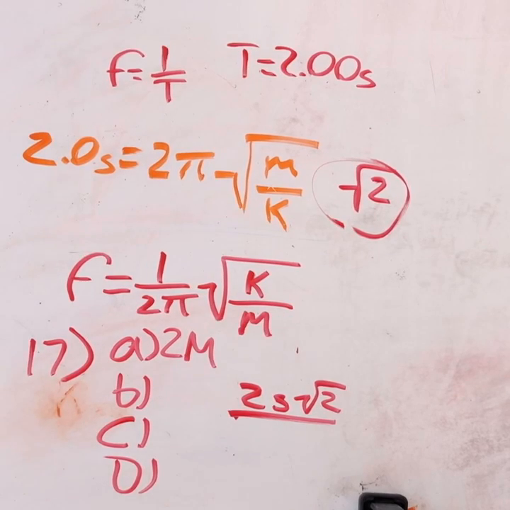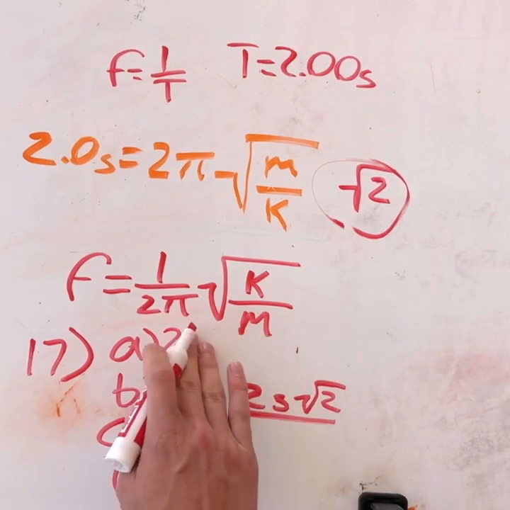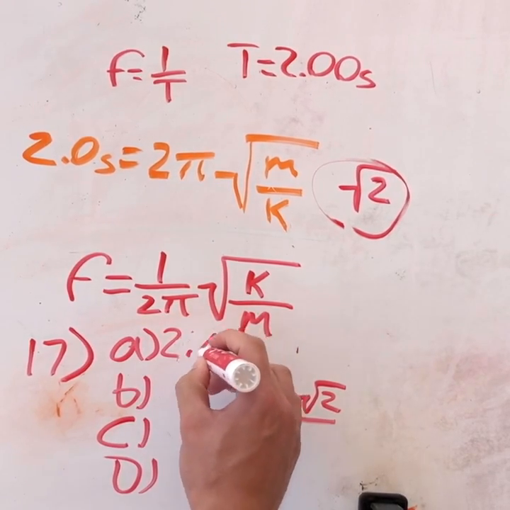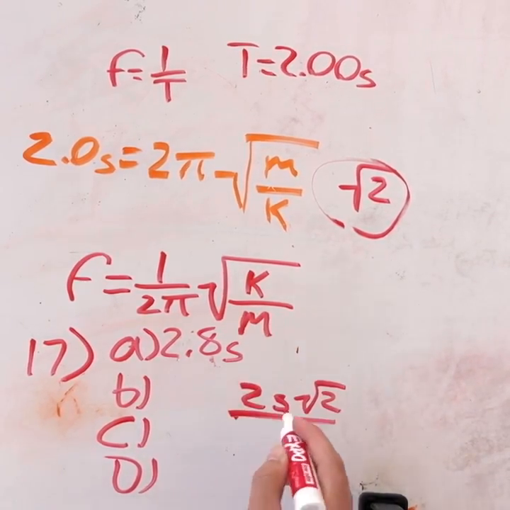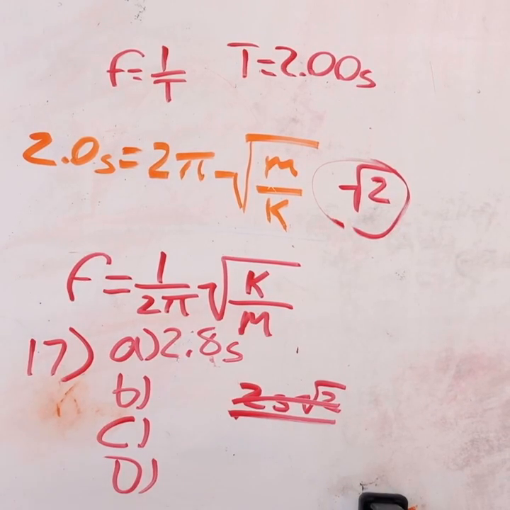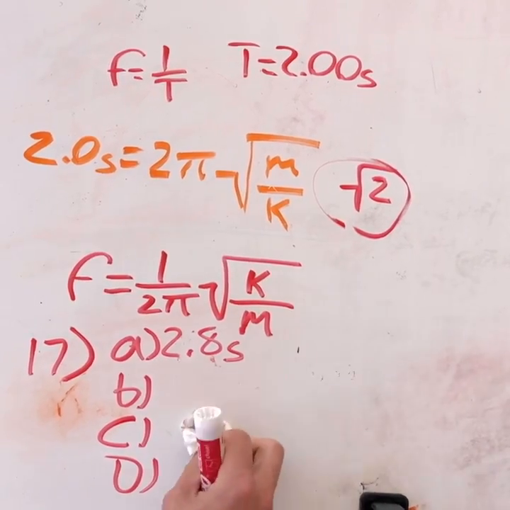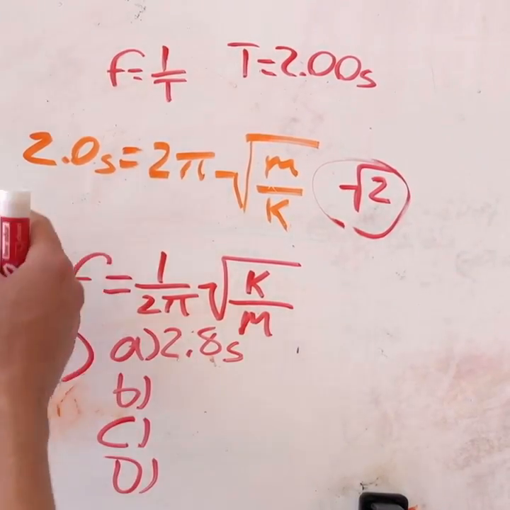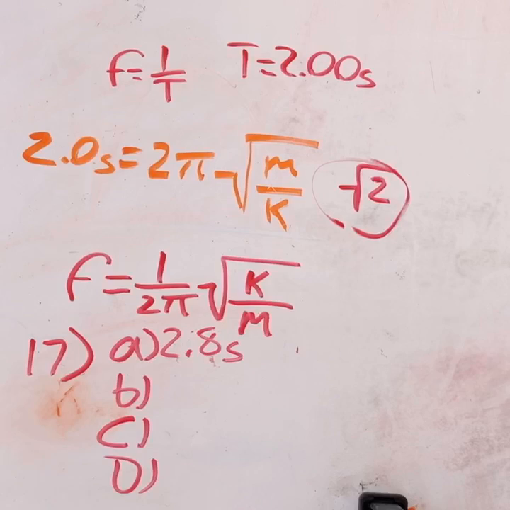We get a total period of 2.8 seconds. Now the answer in the back of the book has a bit more precise answer, but I'm okay with rounding using significant figures in that way, so no worries there. What we did was we found a ratio to compare it to, and we're able to multiply the total period by that ratio.